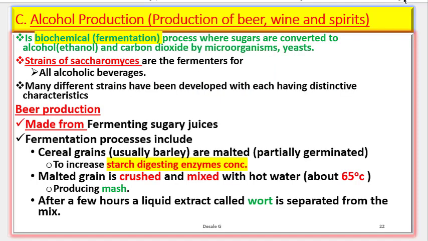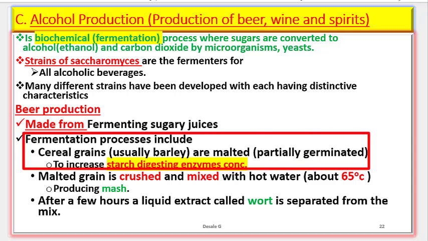Okay, let's shift to beer production. Beer production or brewing is a multi-step process that transforms grains, usually barley, into beer through fermentation. That means beer is produced through fermenting sugary juices by using a fermentation agent, yeast cells or Saccharomyces.